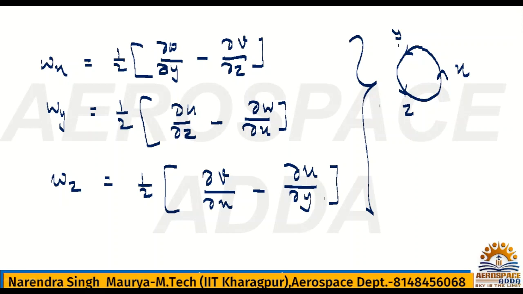Now basically we need to satisfy the potential function as well as the stream function with this angular velocity, so that we can check the rotationality and irrotationality of the fluid flow. All right, so now first we'll try for the stream function. First we'll try to write for the stream function.